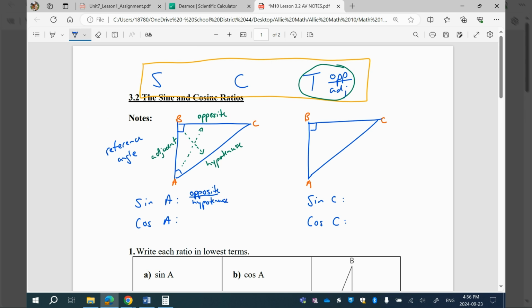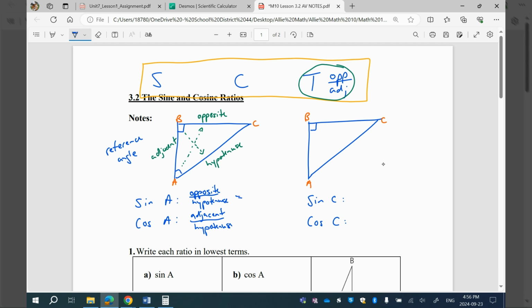And our cosine is the relationship between the adjacent side and the hypotenuse. So as our tangent is the ratio between the opposite side over the adjacent, our sine is the opposite side over the hypotenuse, and our cosine is the adjacent side over the hypotenuse.